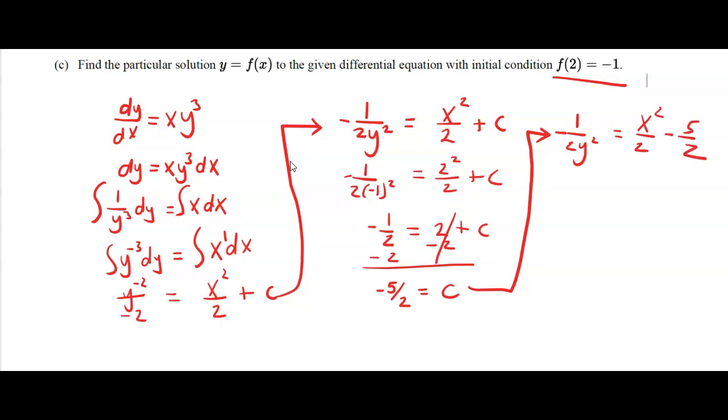But now we want to get the y by itself. So the first thing I'm going to do is get rid of this negative here in the front by multiplying everything by a negative. Now I'm going to take the reciprocal on both sides.